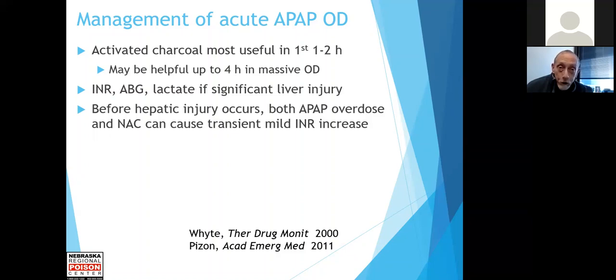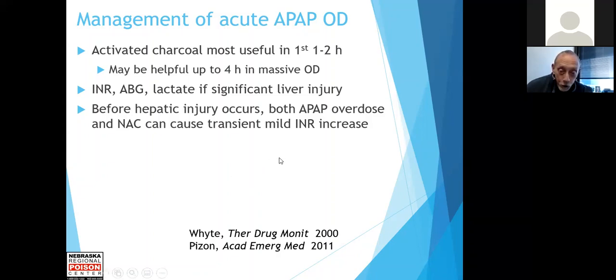Those folks may benefit from charcoal up to 4 hours post-ingestion. We check their liver enzymes, we check their INR, lactate, in addition to treating them with the antidote, which I'll get to.